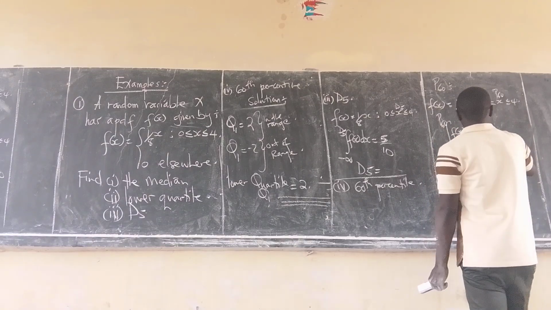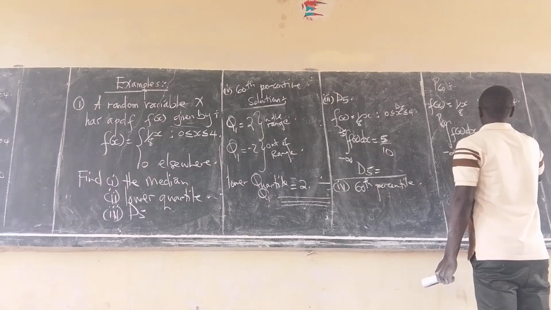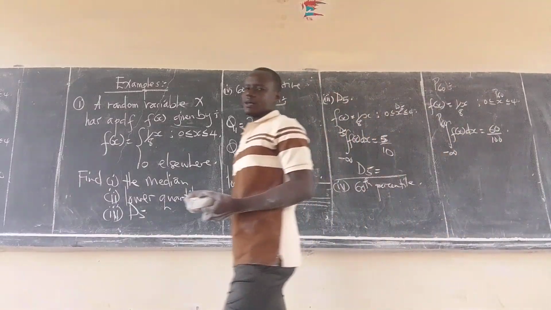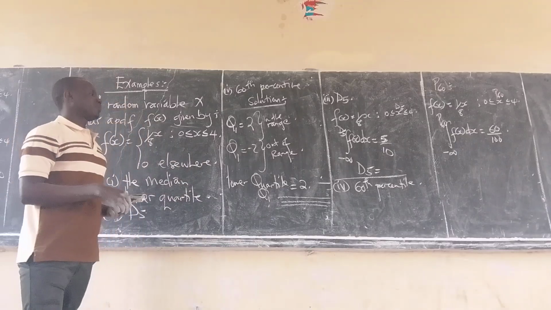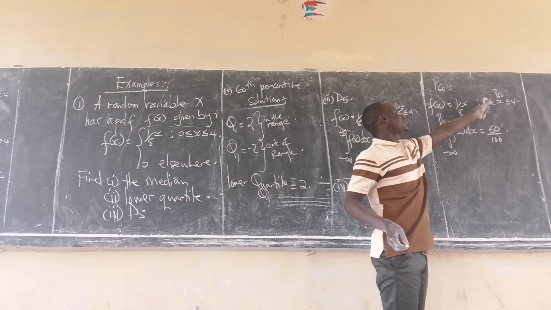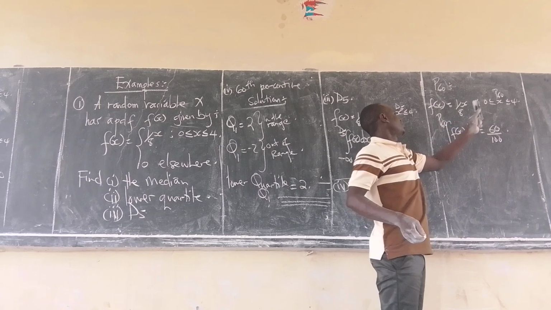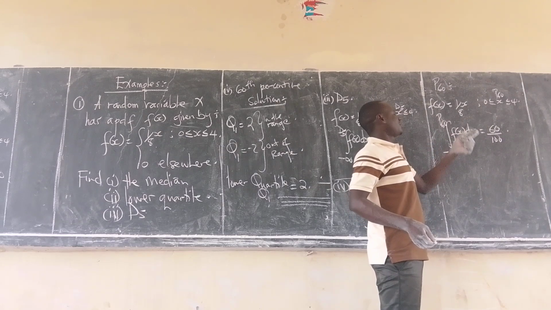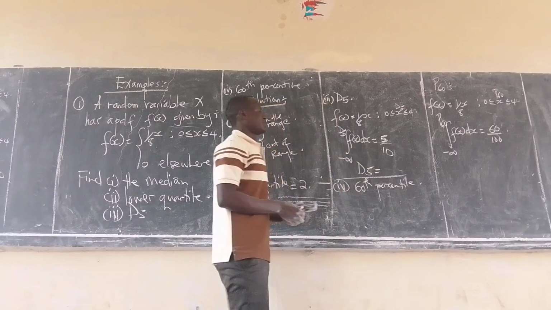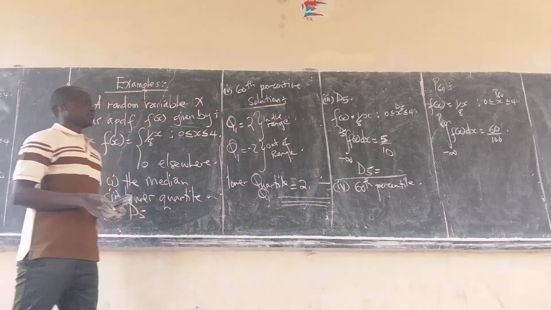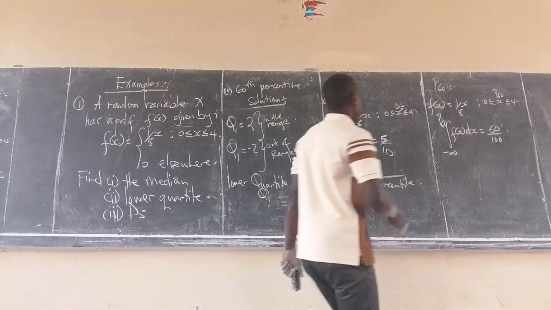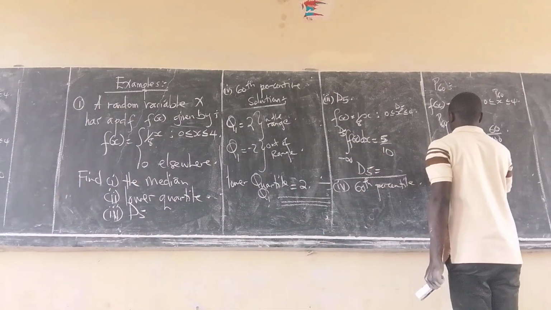And our final answer will be expected to be 60 over 100. So if you integrate where there is negative infinity, you put the lower limit of the integral. Where there is p60, you leave it because it is what you're looking for, and then integrate and have the final answer. So that is Roman 4.